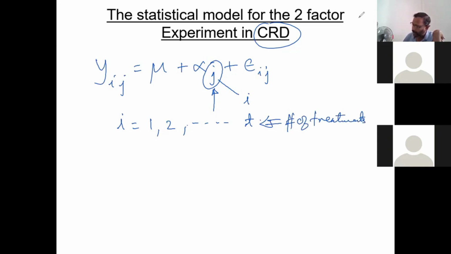You can use j also, but j goes 1, 2 up to r. What is r? Anyone? Number of replicates. Good.